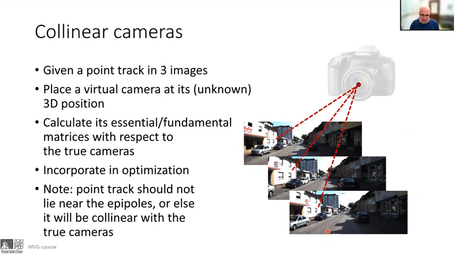Once you do that, you can put it also in your N-view fundamental or essential matrix and use our method to solve the problem. This way you can produce virtual cameras that are non-collinear and solve for them. Notice that we had to use correspondence between 3 images. That's how we managed to get this additional information.